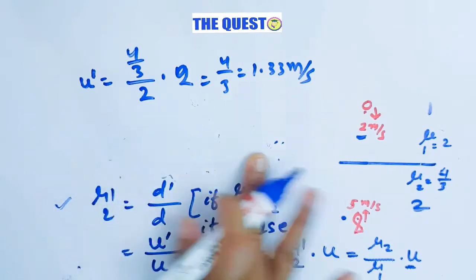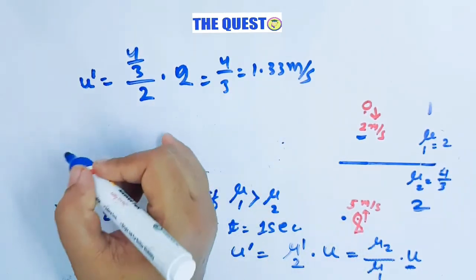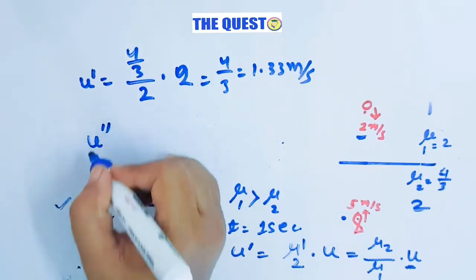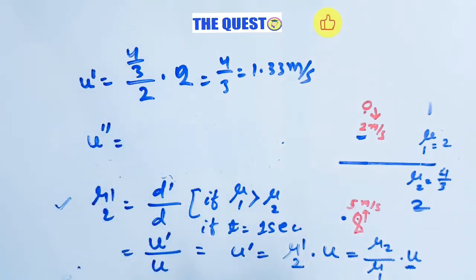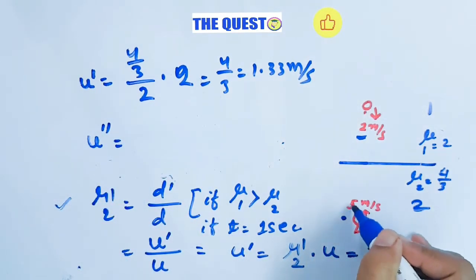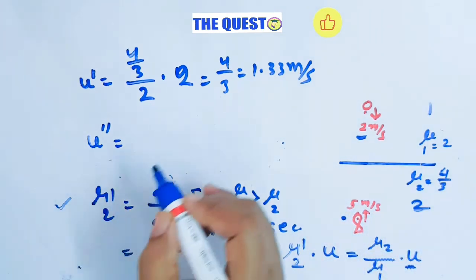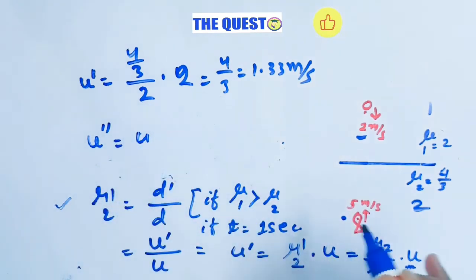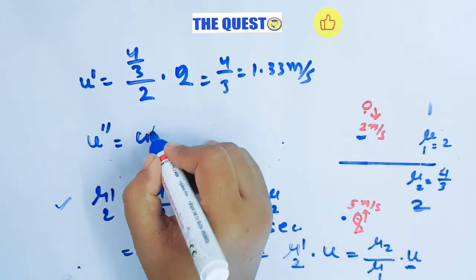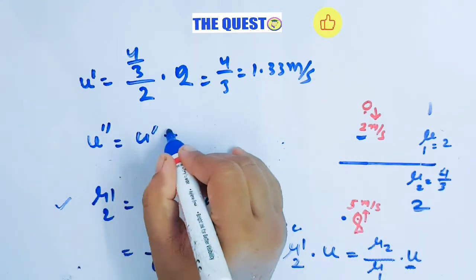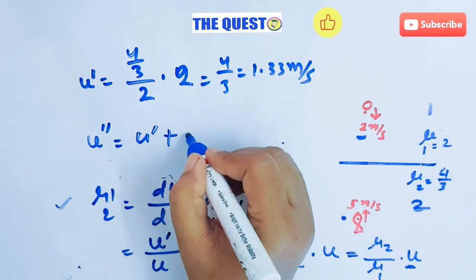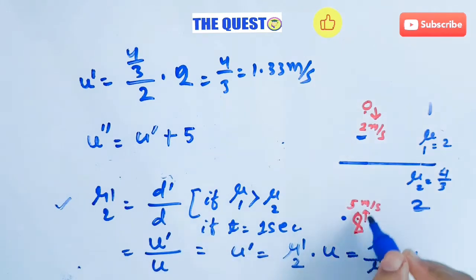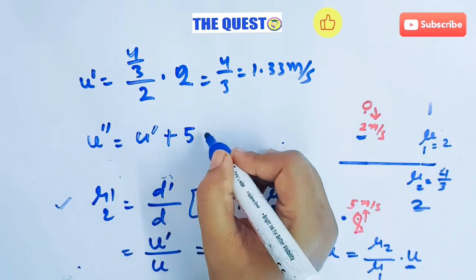Now, with respect to the fish, what will be its velocity with respect to the fish? Fish is also moving towards the surface with a velocity 5 meter per second. So here the relative velocity of the object with respect to the fish will be given by the apparent speed plus the speed of the fish which is moving towards the object.